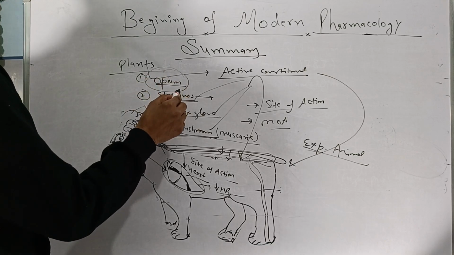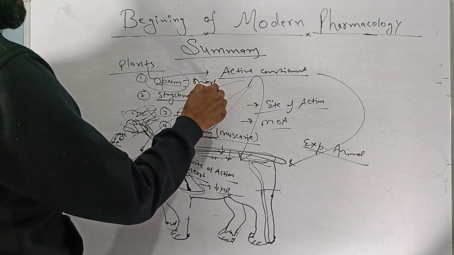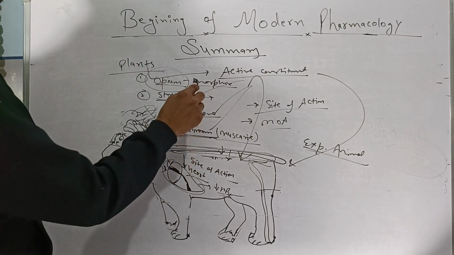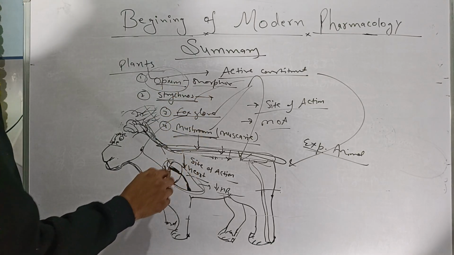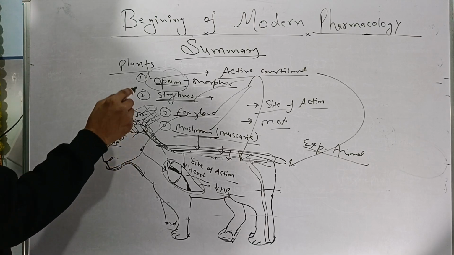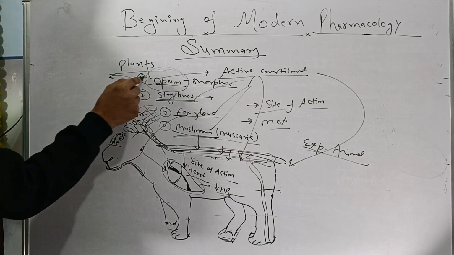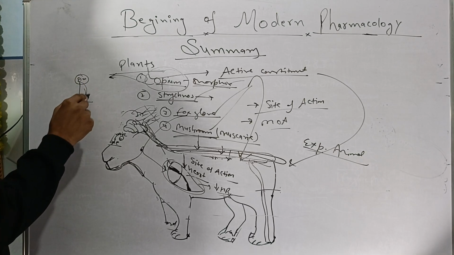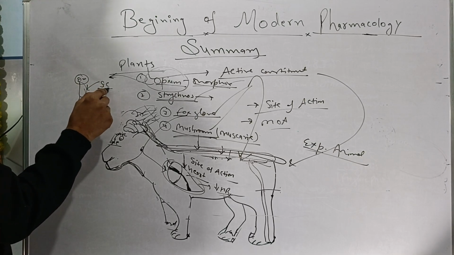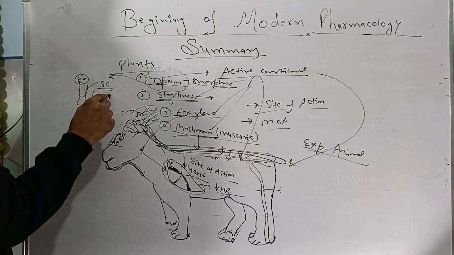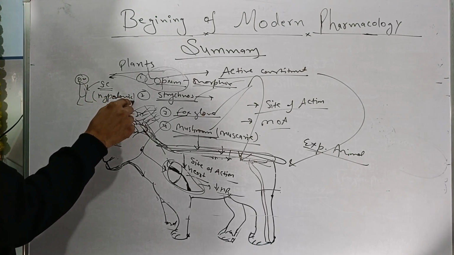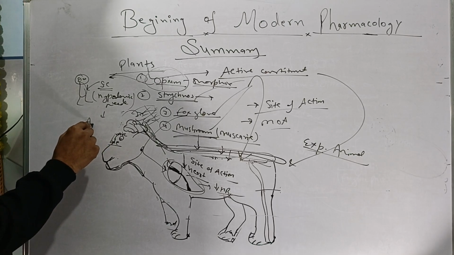Then the opium, or the morphine active constituent obtained, was injected and its effect studied. This morphine was also injected subcutaneously into a human patient suffering from pain, with the help of a hypodermic needle developed for the first time by Alexander Wood.